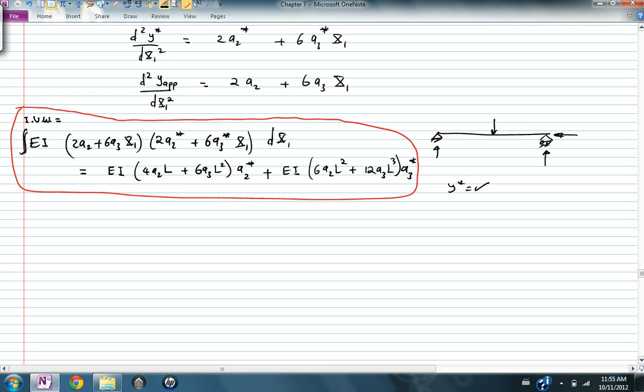Now the external virtual work is equal to the forces multiplied by the corresponding displacements. First I have P acting downwards, negative P, multiplied by the y star at x1 equal to L over 2, which is equal to negative P multiplied by, where's y star?